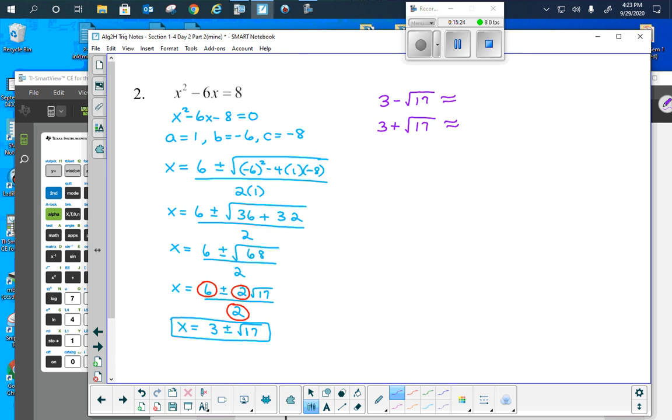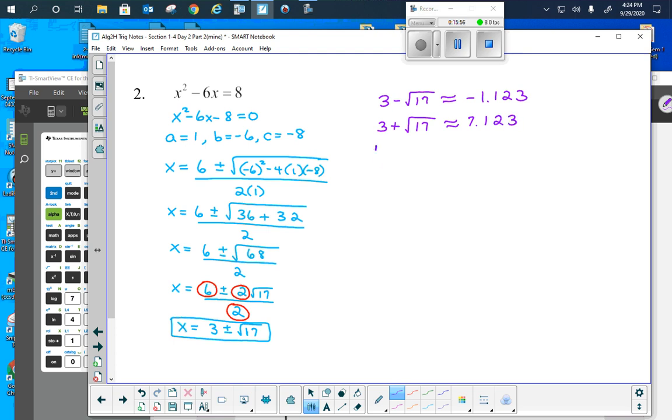AP standard is always to round or truncate to the nearest thousandth, which is 3 decimal places. So when you're not given direction in the next couple of years, if you are doing homework and you're not given any specific direction and you're dealing with decimals, try going to 3 decimal places, okay? Anyway, 3 minus the square root of 17 is approximately negative 1.123. And 3 plus root 17 is 7.123.